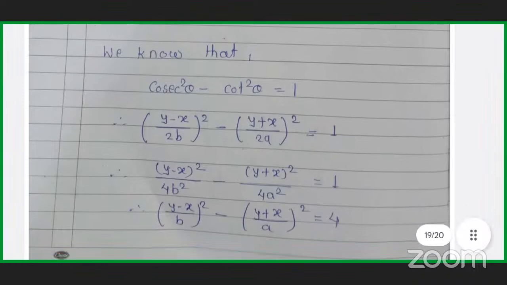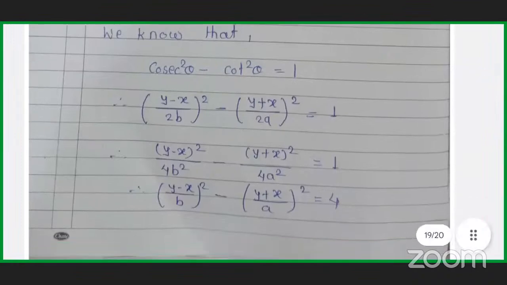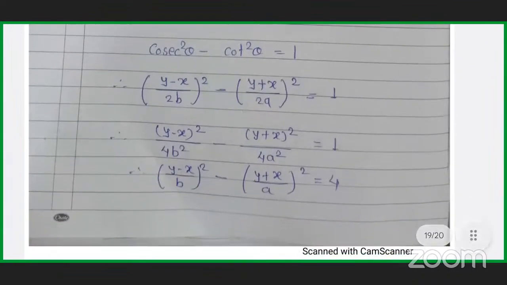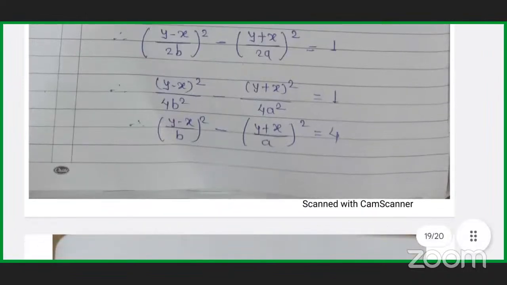So we write here y minus x bracket square upon 2b square, that is 4b square, minus y plus x bracket square upon 2a square, that is 4a square. Here 4 is common, so we shift it to the other side. So we get y minus x upon b, bracket square, minus y plus x upon a, bracket square, is equal to 4.